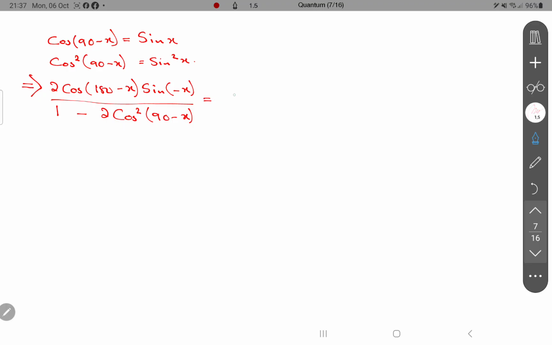This can be written as 2, remember, we didn't touch the numbers, then the first one is a negative cos x multiplied by a negative sine x, all over 1 minus 2 bracket sine squared x.